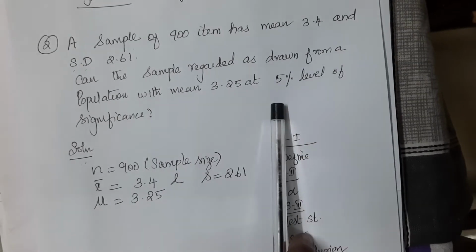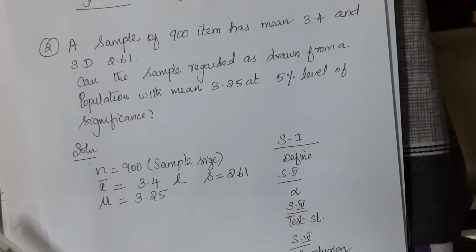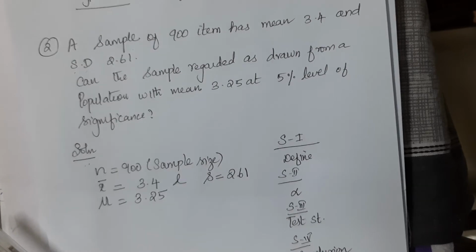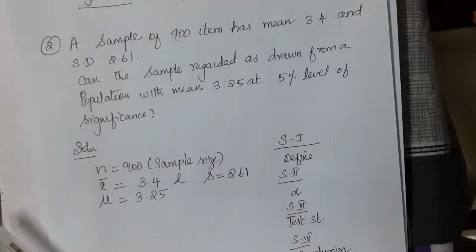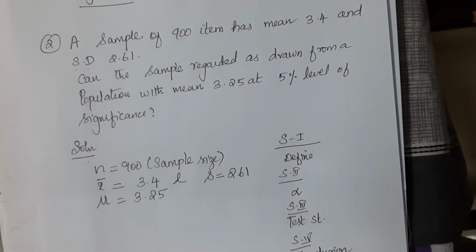Whenever the level of significance is not defined in the problem, we choose the ideal level, which is always alpha equal to 5%. Or we look into the question, and whatever level of significance is stated in the problem, accordingly we consider that value.